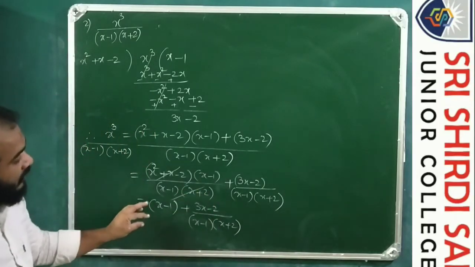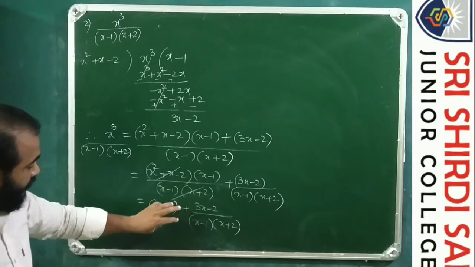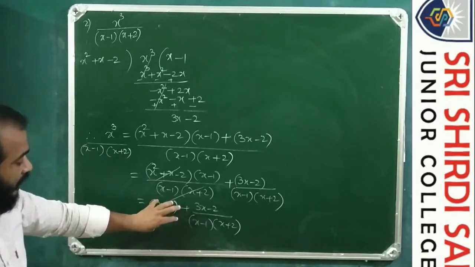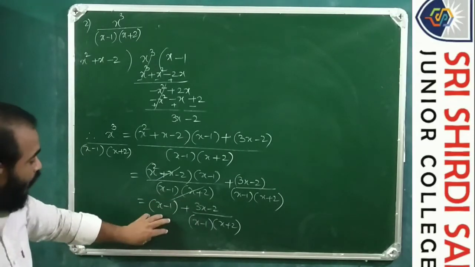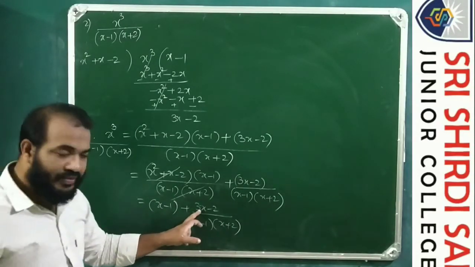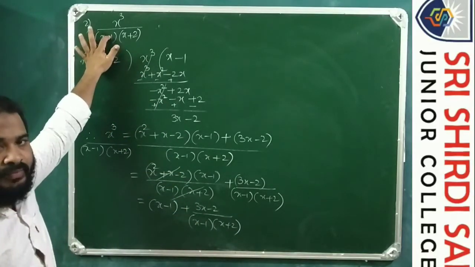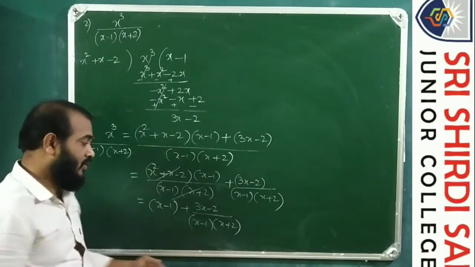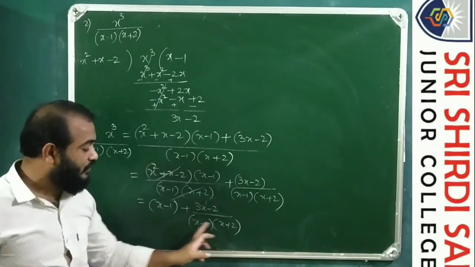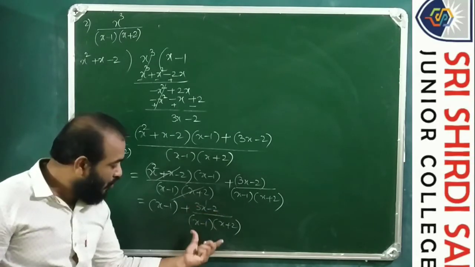So we can put aside the polynomial x minus 1, since this is not a fraction, but here this is a fraction. This improper fraction becomes a proper fraction here, with x power 1 in the numerator and x square in the denominator. So the degree of f of x is less than the degree of g of x.